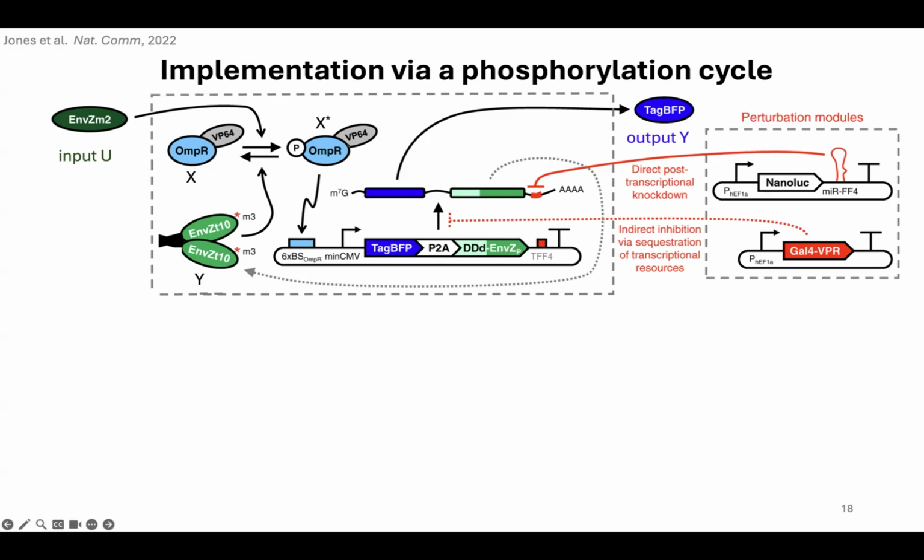So the input of the system is this engineered activator protein. OnPAR is a protein from bacteria and belongs to two-component signaling systems in bacteria. So the OnPAR-MZ pair is a very well-studied two-component system in bacteria.